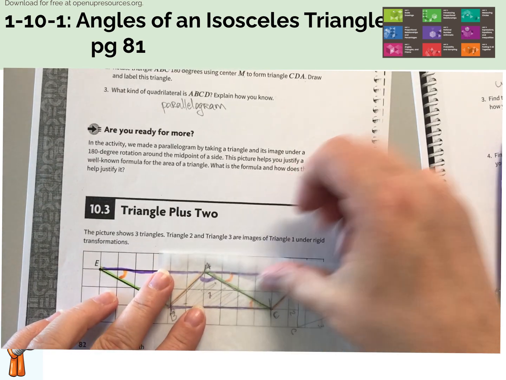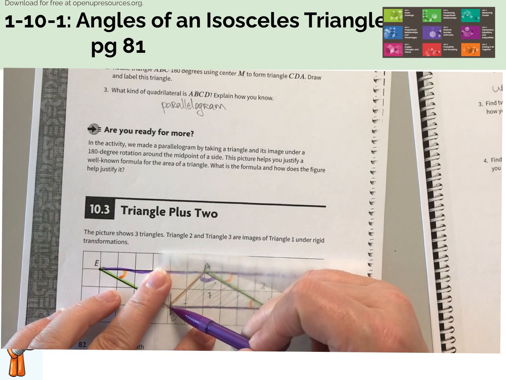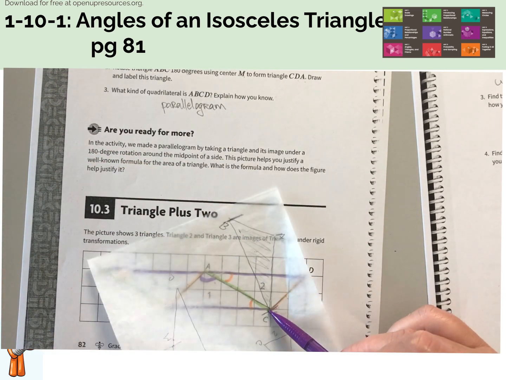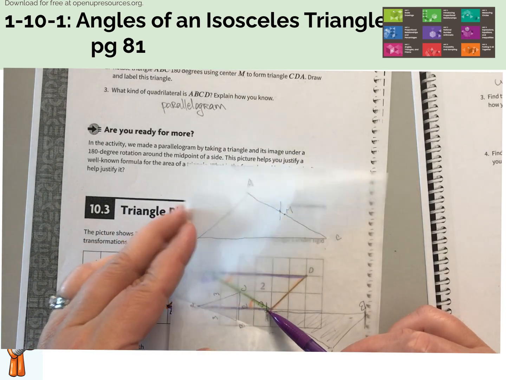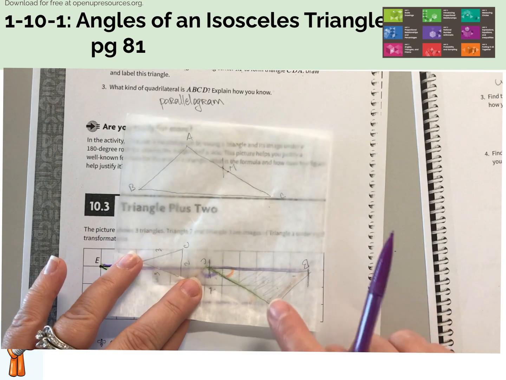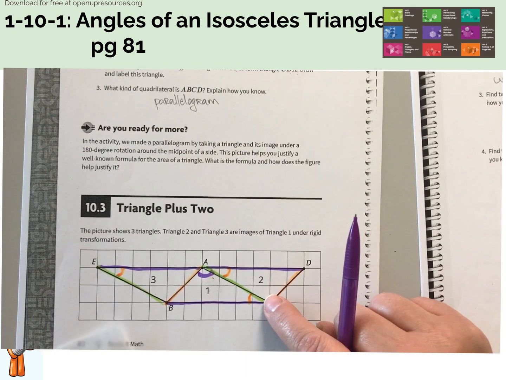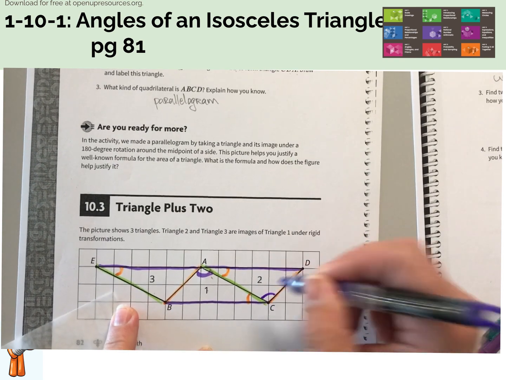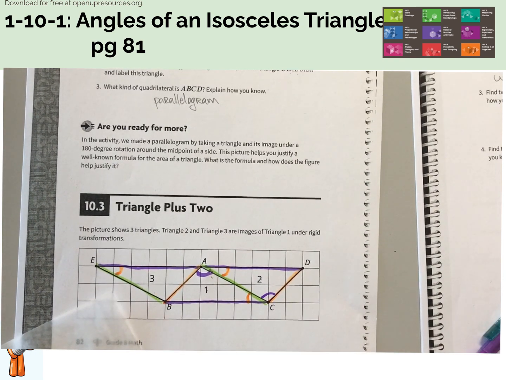All right, so remember I took it. Let's come up here. Let's do triangle 2. So I rotated it and went up and over. Oh, that angle A is the same one here. So those two are the same.